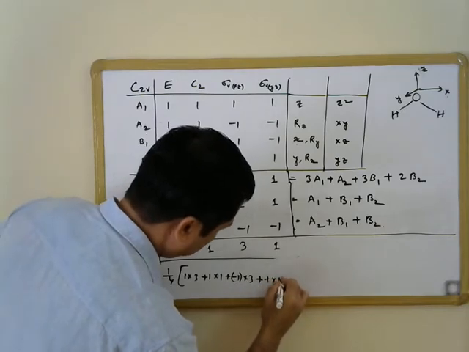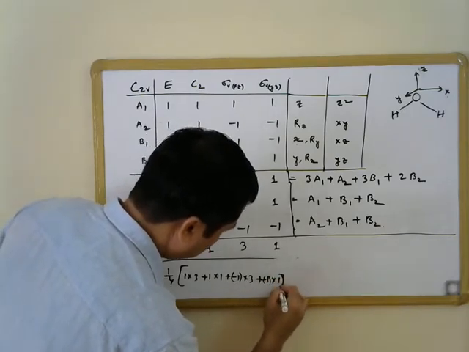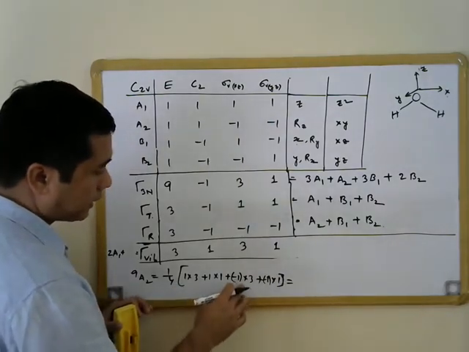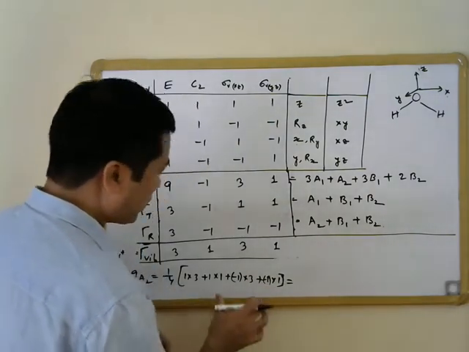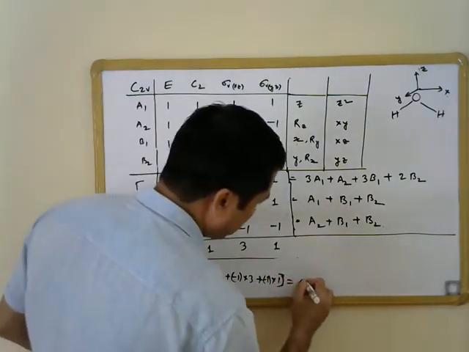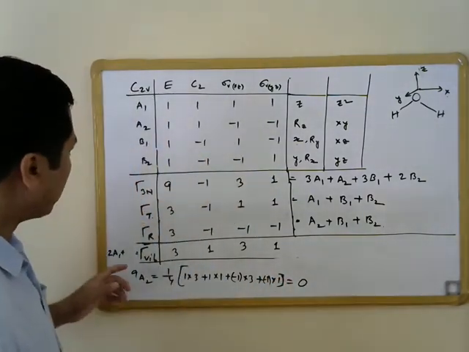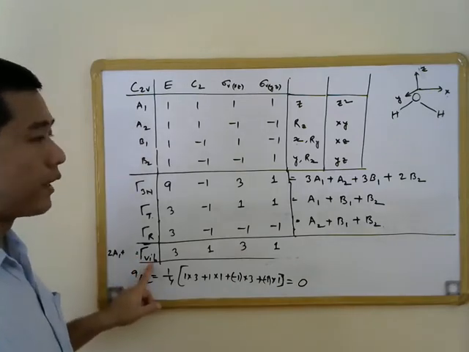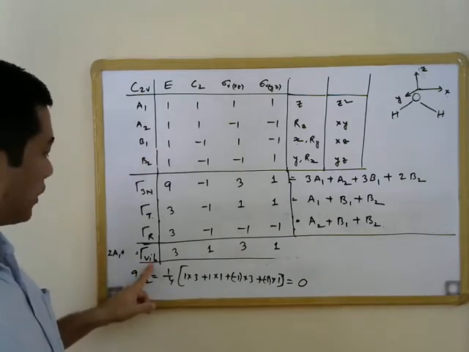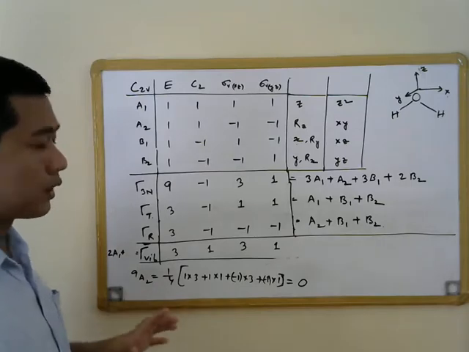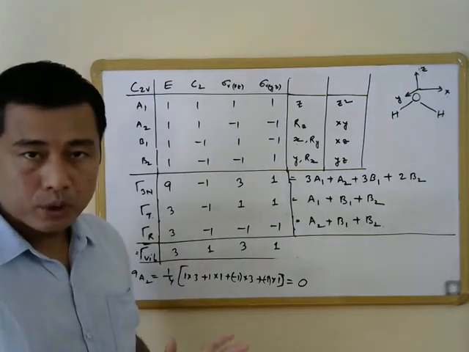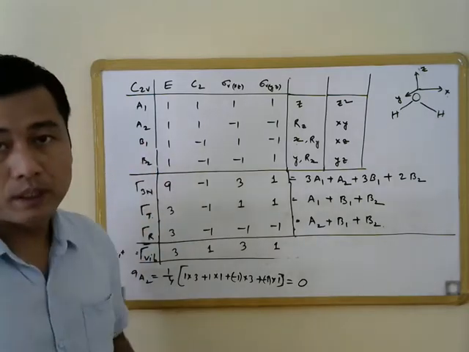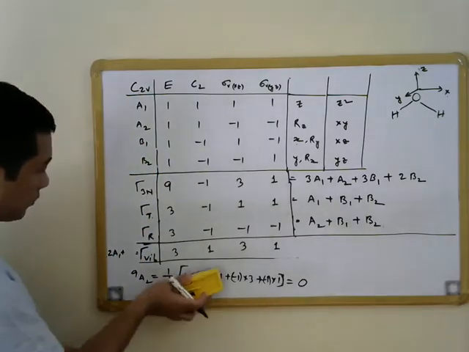Here plus 3 and minus 3 will get cancelled, plus 1 and minus 1 will get cancelled, so the total answer is equal to 0. That means the A2 irreducible representation does not appear in gamma vibrational. So none of the 3 vibrational modes in the water molecule have A2 symmetry.